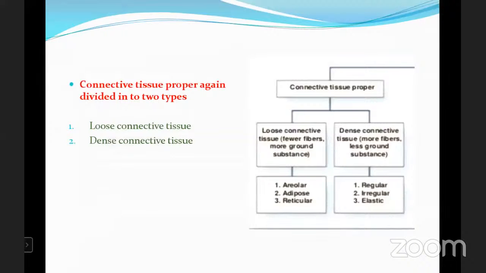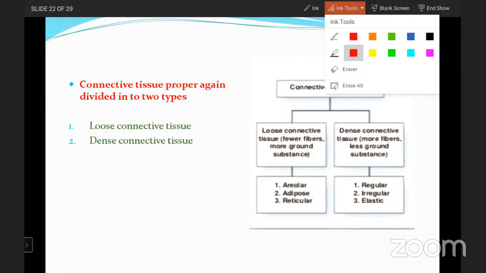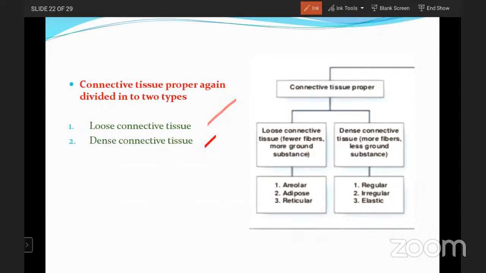First we go for only the connective tissue proper. Connective tissue proper is again divided into two types: the loose connective tissue and the dense connective tissue. In loose connective tissue, few fibers and more ground substances are present.